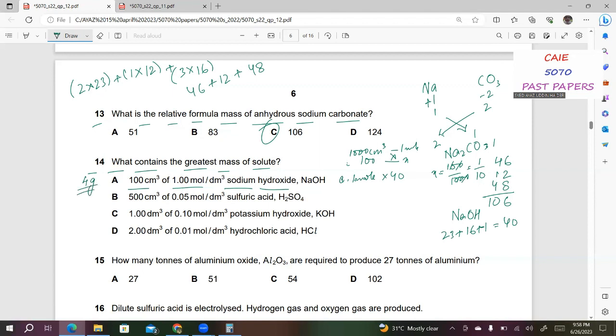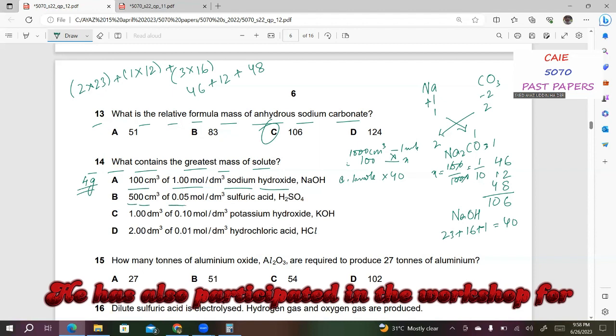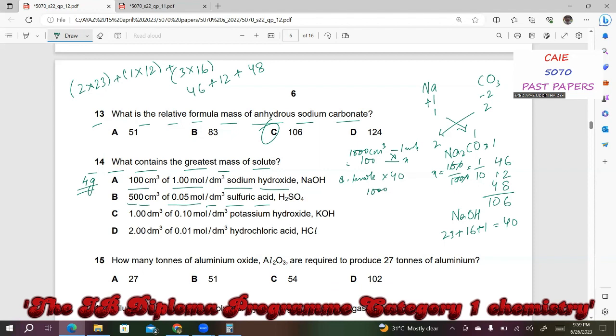B, 500 centimeter cube of 0.05 mole per dm cube sulfuric acid. So first of all, calculate the moles of sulfuric acid. 1 dm cube means 1000 centimeter cube contains 0.05 moles. Therefore, 500 centimeter cube contains x moles.